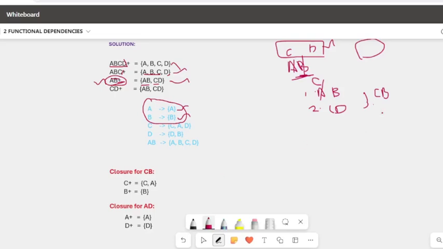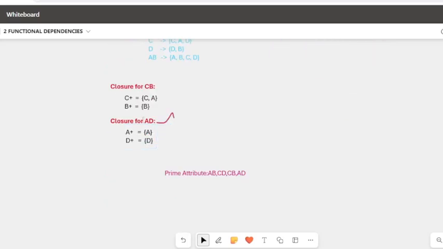And for the fourth, we have replaced only A by C. For B also we can replace, so instead of B we can replace it by D. So the other combination is AD. We find the closure of A and D. This AD is not reducible to a super key, so AD is a candidate key.